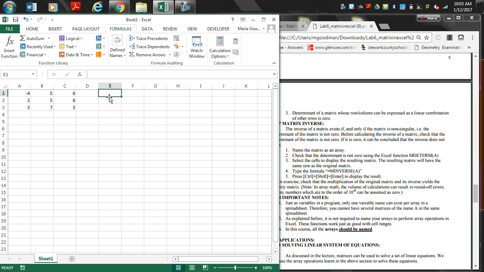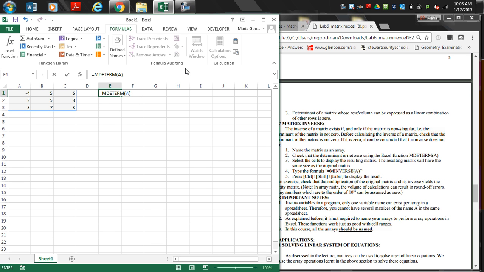All right. Now, to find the determinant, it was equals MDETERM, and then it pops up. And then we go back to define names using formula A and parenthesis.